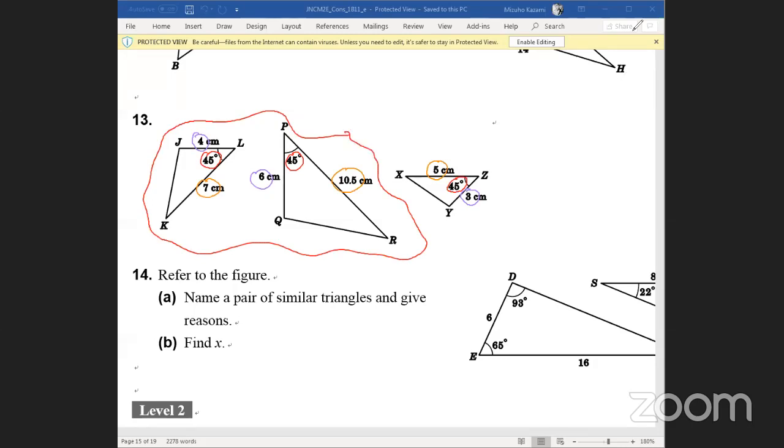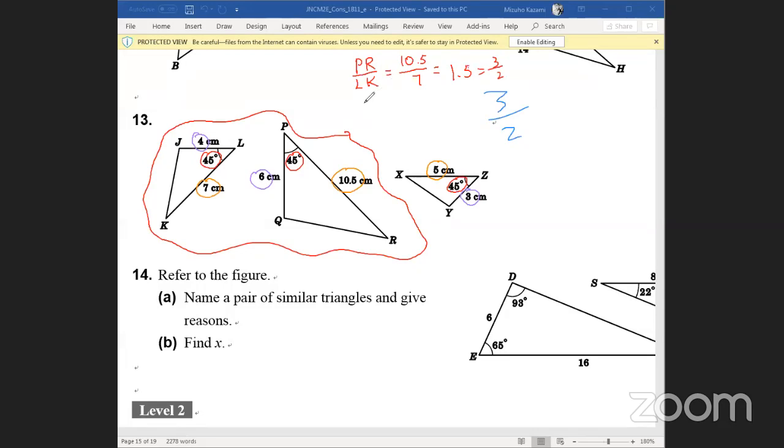Then this time I will use PR divided by LK, which is 10.5 divided by 7. What is that? It should be 1.5, or 3 over 2.